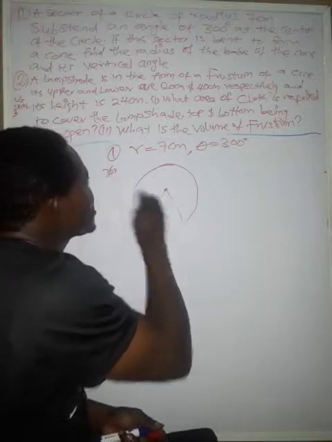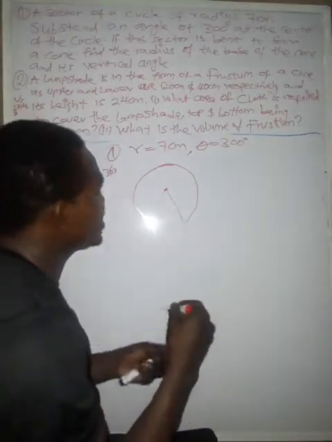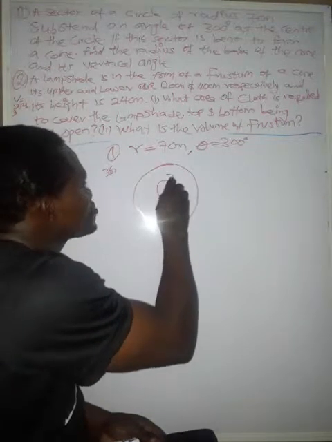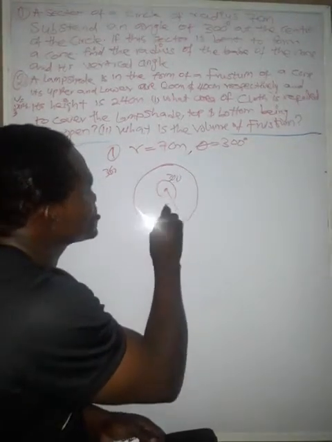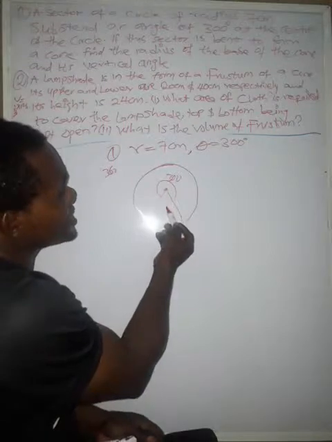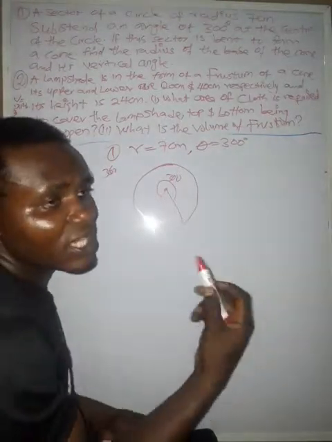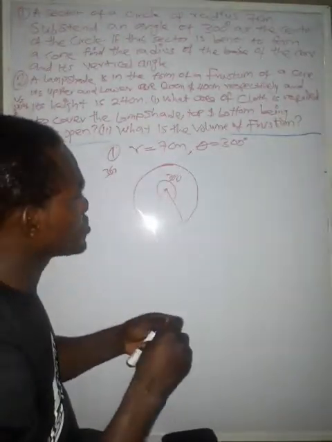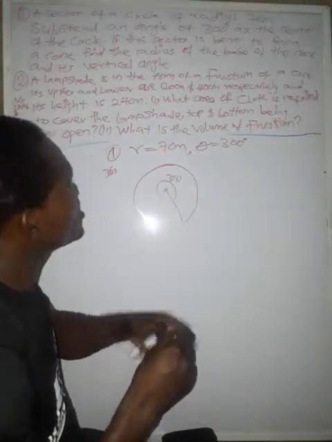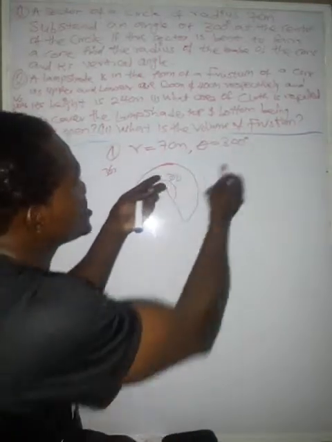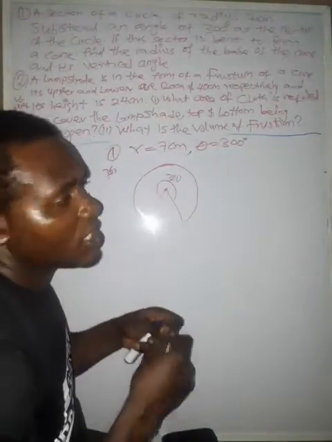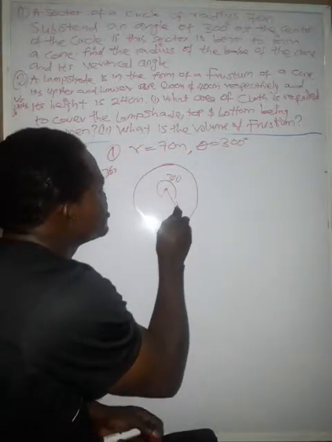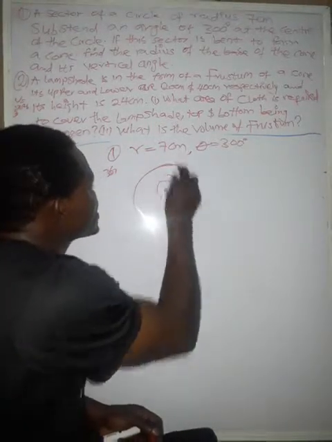If the angle at a point is 360 and I've been given 300, the remaining angle is 60. So this is the correct diagram, drawn based on the angle given. This is the sector, and I've been given the radius to be 7 cm.